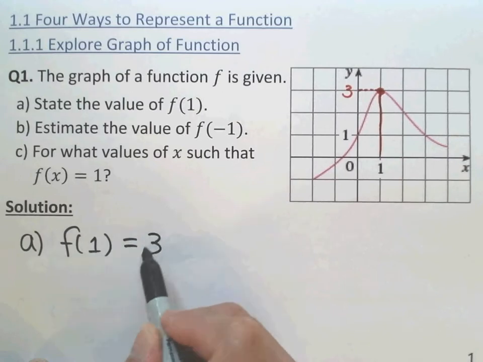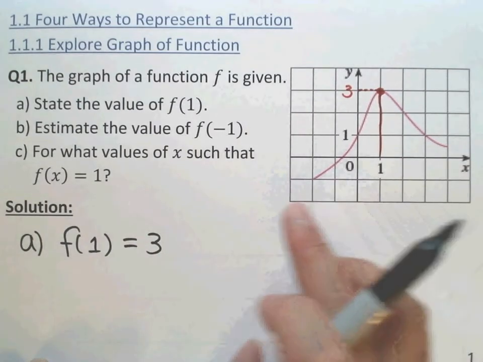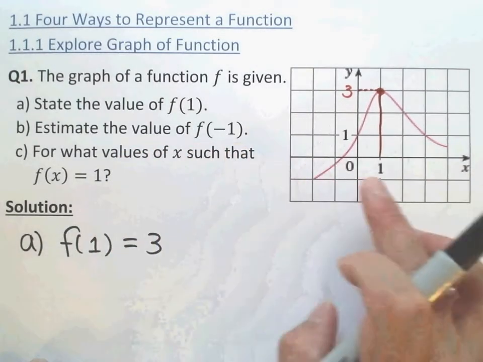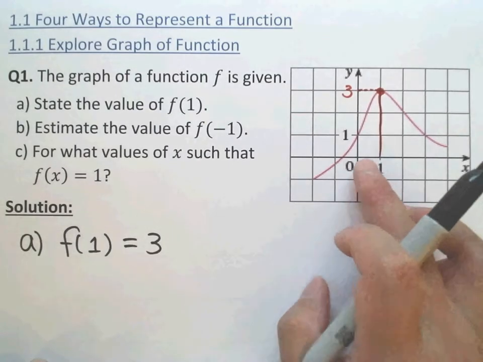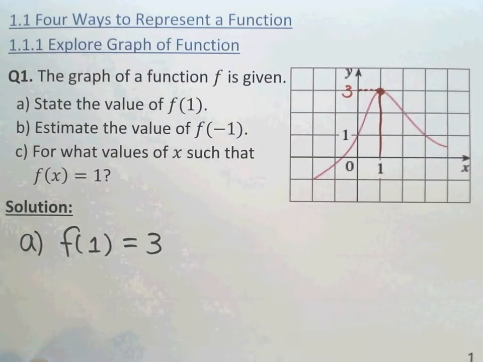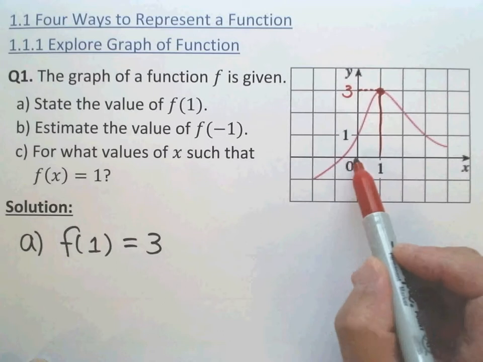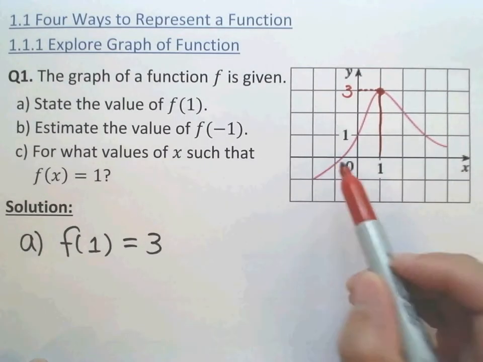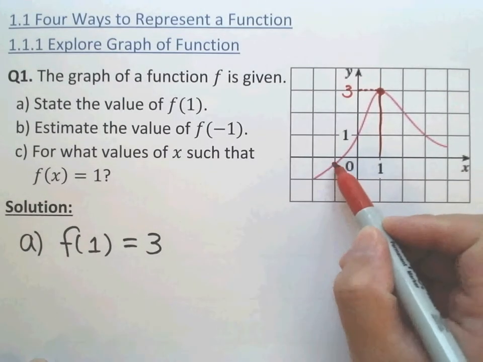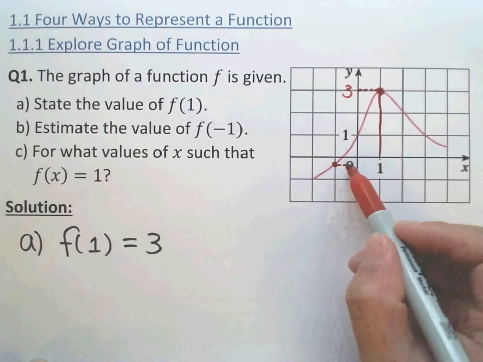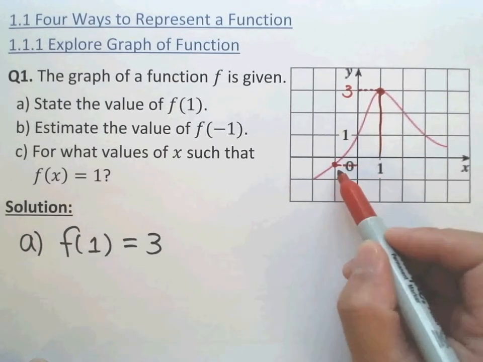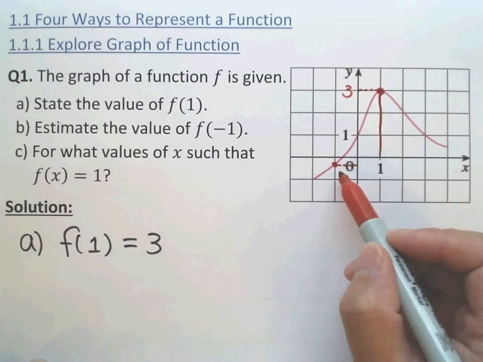How about the second? Estimate the value of f at -1. Here's 0, here's x equals -1. So the point on the graph is this. How high? We don't know the exact value, but we know it's greater than -0.5, right?